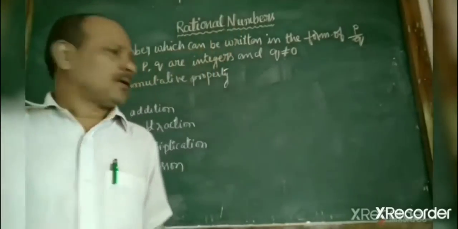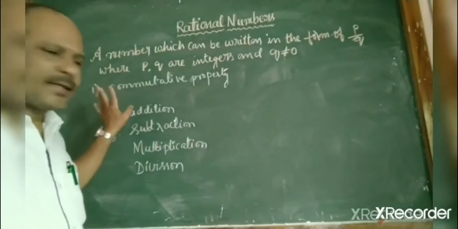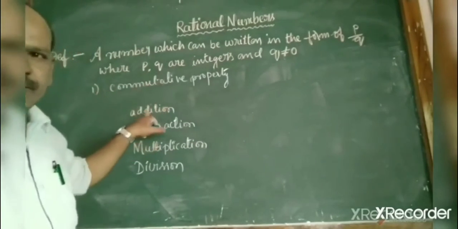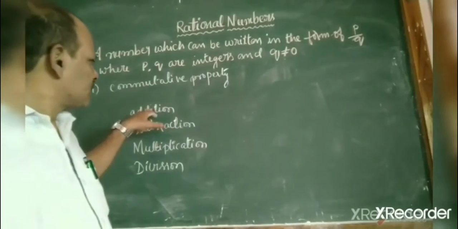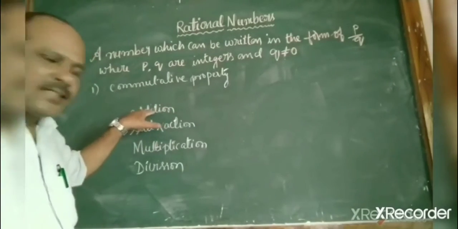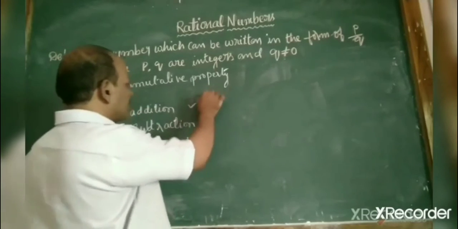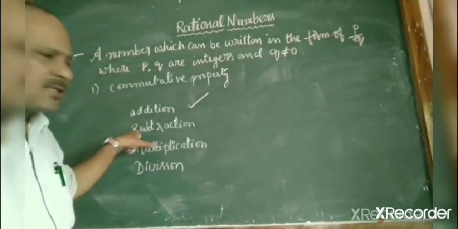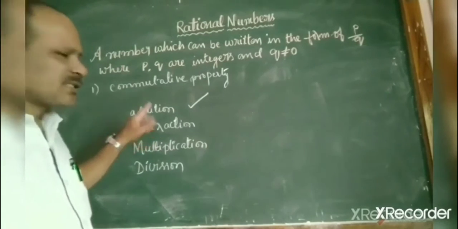Now let us take an overview of the commutative property. Commutative property for addition: whether the rational numbers are commutative under addition or not? Yes. Rational numbers are commutative under addition. Are rational numbers commutative under subtraction or not?